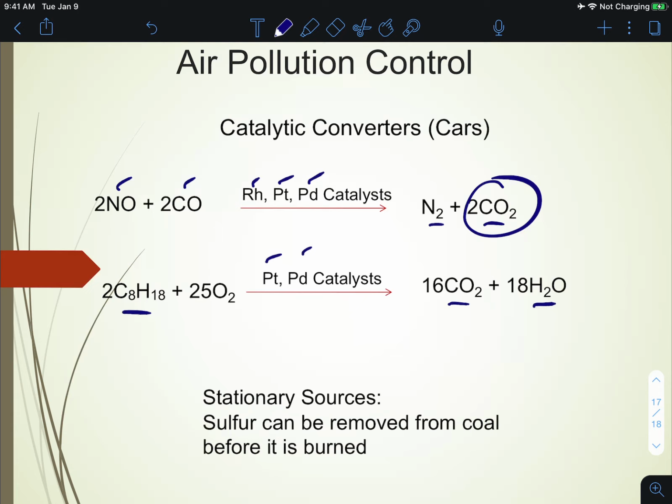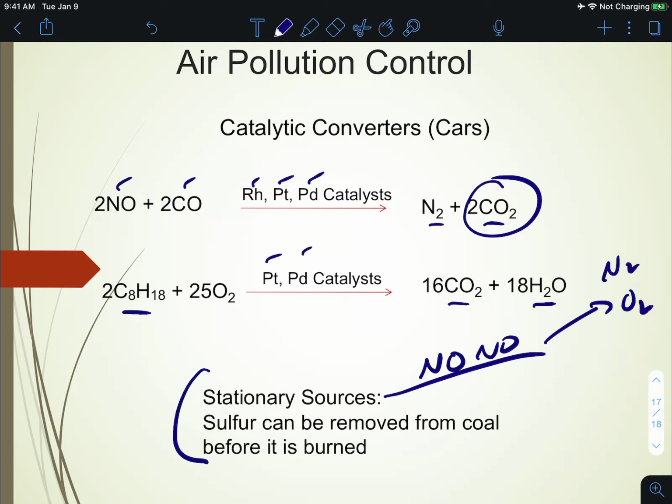So these catalysts basically just speed up the reaction. And in your car, you basically have this honeycomb-like material. It just basically provides a lot of surface area for the pollutants to come together on that surface, and then they can go and form N2 and O2. So it just speeds up reactions that would normally be too slow to take place.